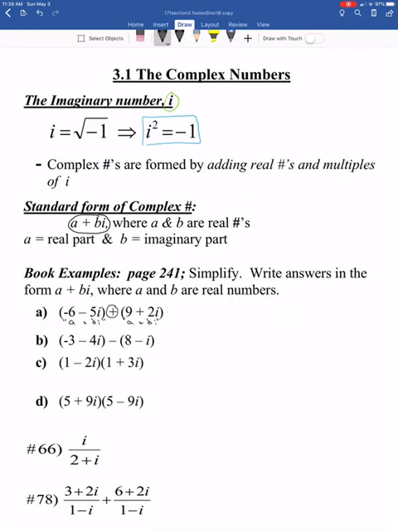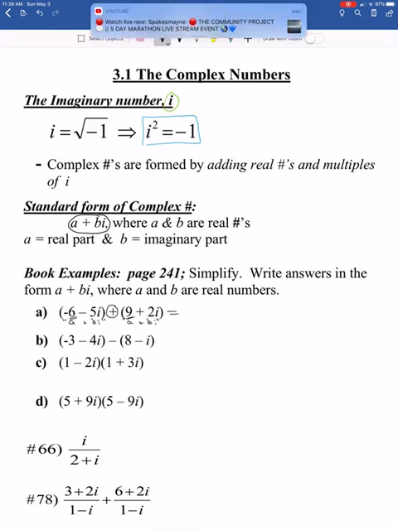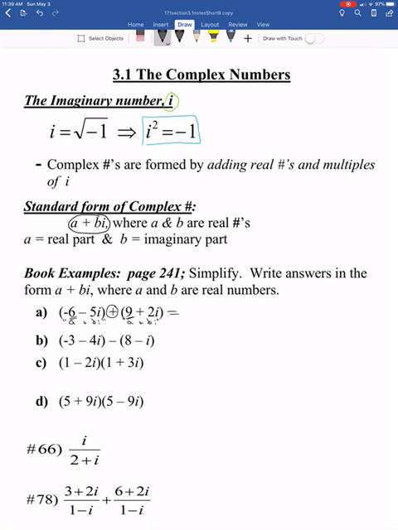To add, this is a straightforward operation, we're going to combine the like terms of both numbers, the real parts from both. As we do that, we get -6 plus 9, which is 3. And then we have a -5i and a 2i. As they add up together, we get a sum of -3i.